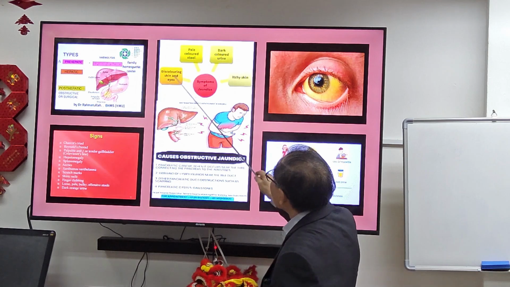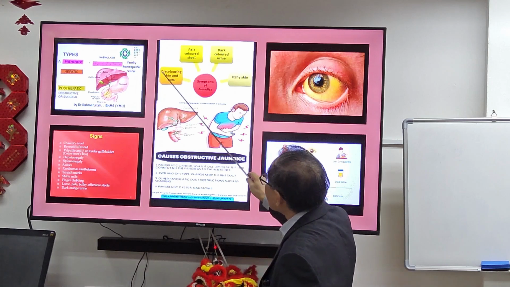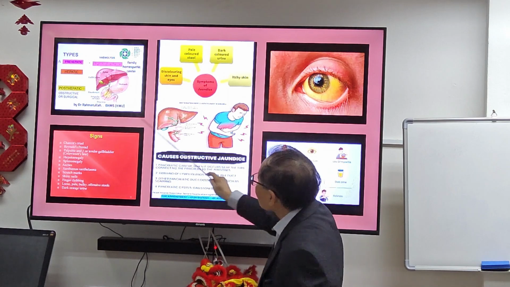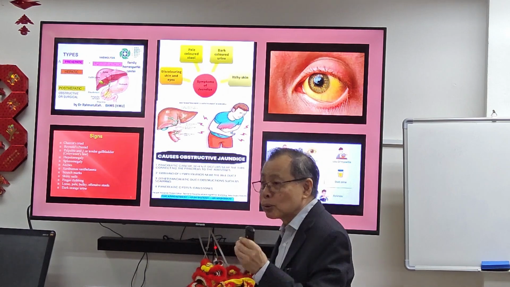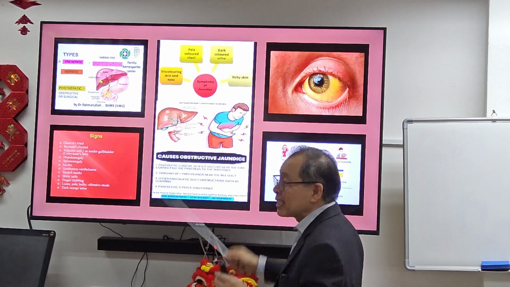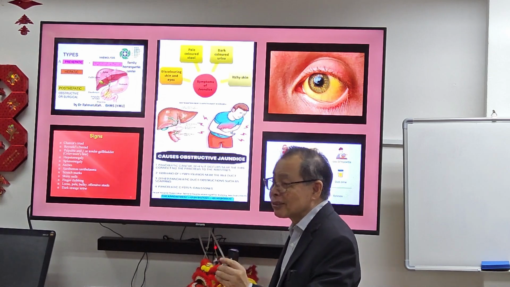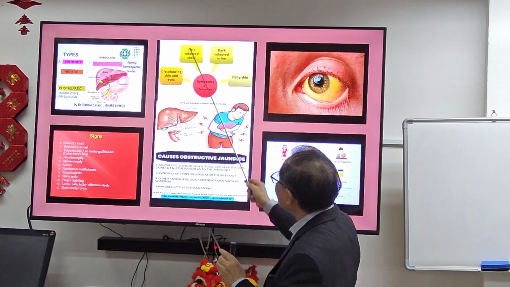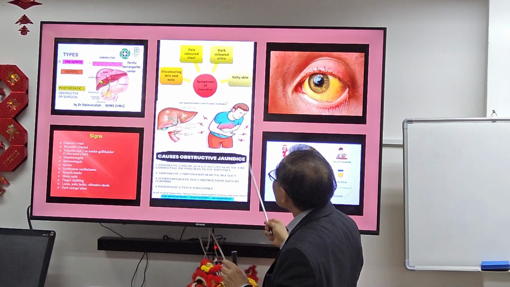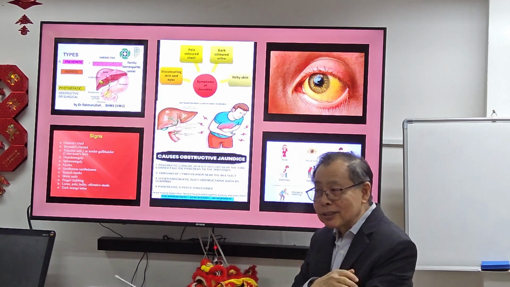So the main thing is, when you have jaundice, discoloration, the third type, obstructive, the stool is pale in color, like clay, like that. Your urine is like coffee color. So if you pass out coffee color urine and your stool is pale, there's an obstruction. The skin is itchy because the bile salts cause you to itch.